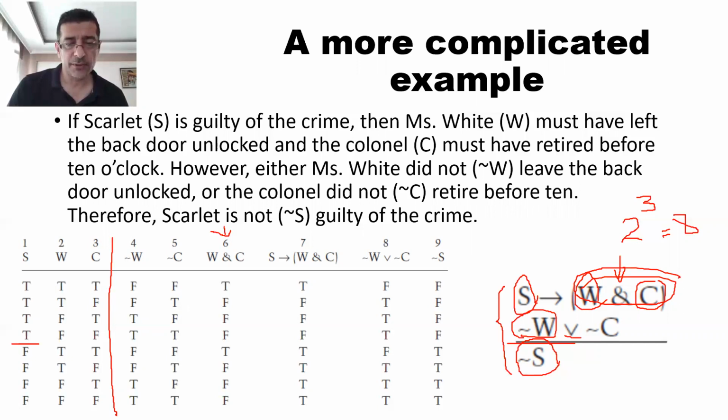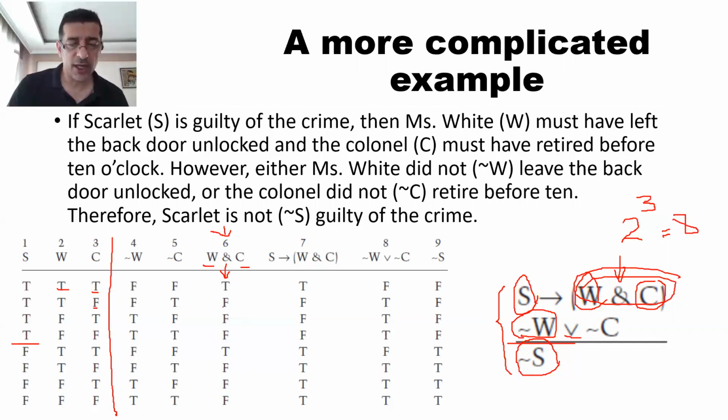For W and C, in the first row we have true, true, so the value would be true. Remember, for a conjunction to be true, both of these should be true. Now look at this. It's true, but this one is false, so it should be false.